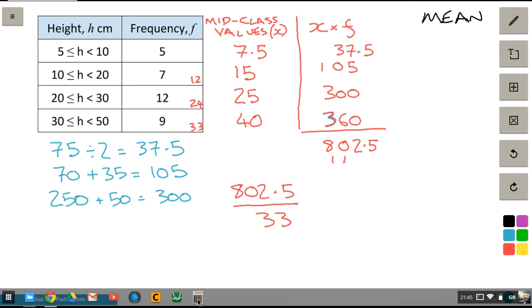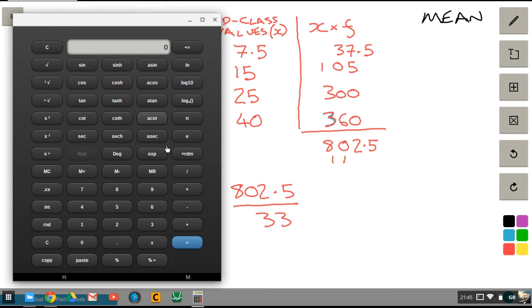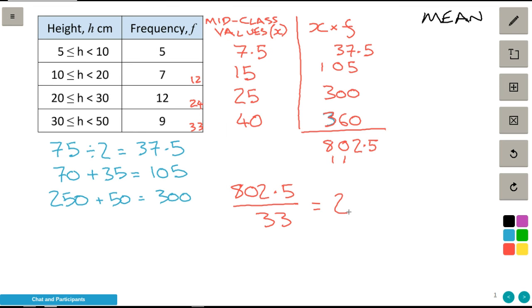We'll pop that into our calculator. 802.5 divided by 33, and there we get an answer, 24.32, rounded, and our units are centimeters. So that there is our estimation for the mean.